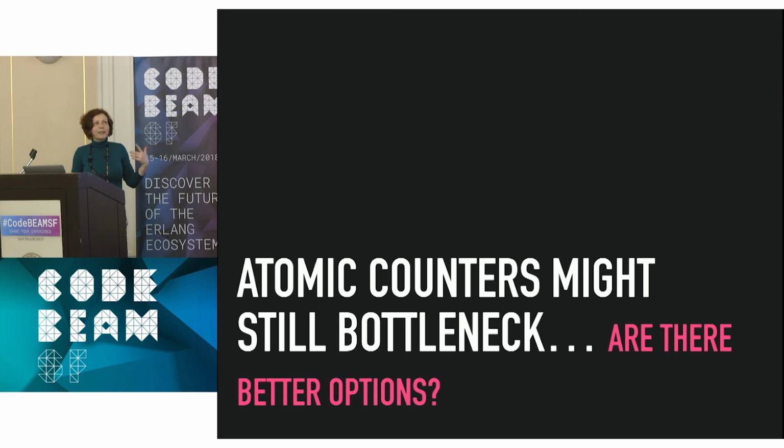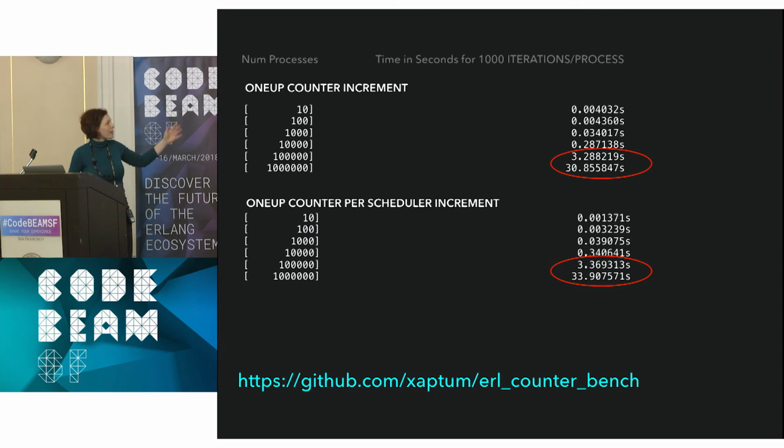So the next idea is we could actually have an atomic counter per CPU. And that's basically in a stage of research right now. I just did some measurements with my little metrics program and that Erlang counter bench. And it turned out there is no benefit. But that's not because there is no benefit. It's just a much harder problem to tackle.